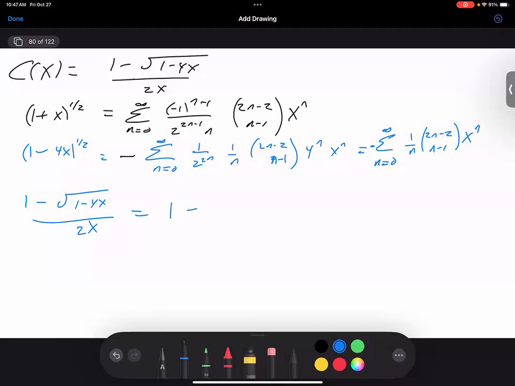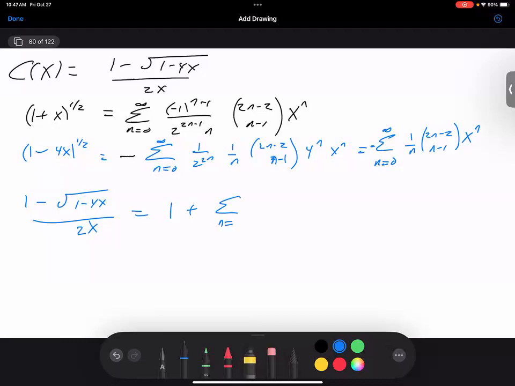And then I'm going to have a sum. The minus sign is going to cancel that minus sign. And now n, when n was 0, that canceled with the 1.